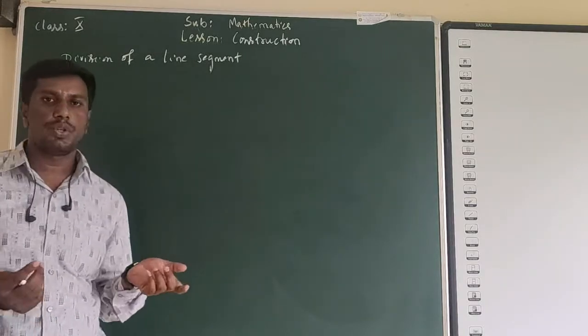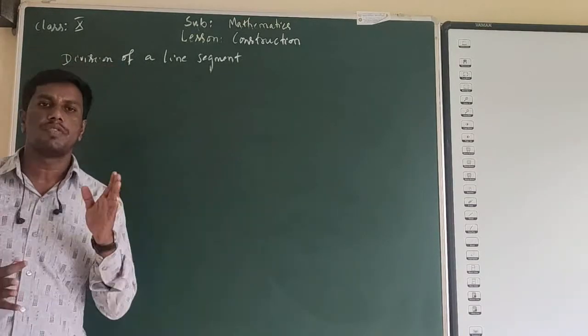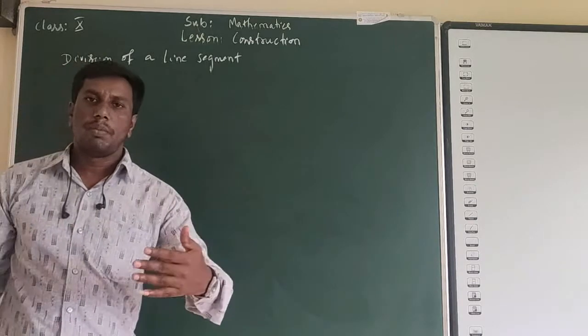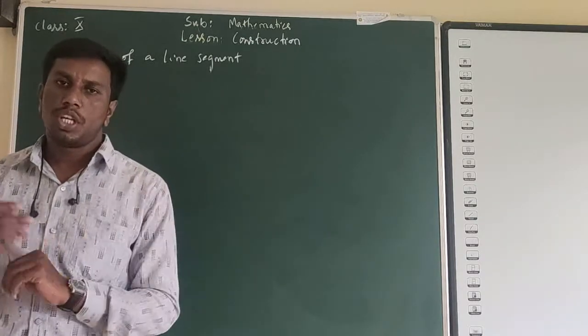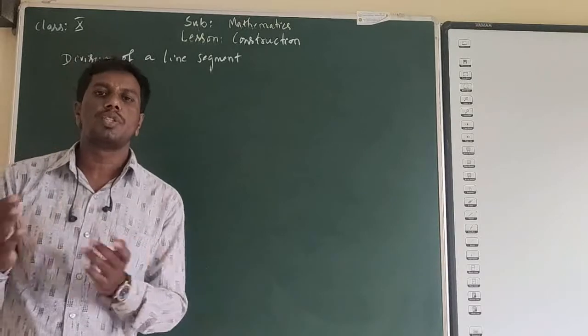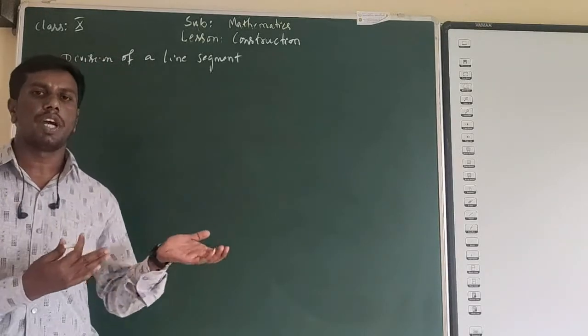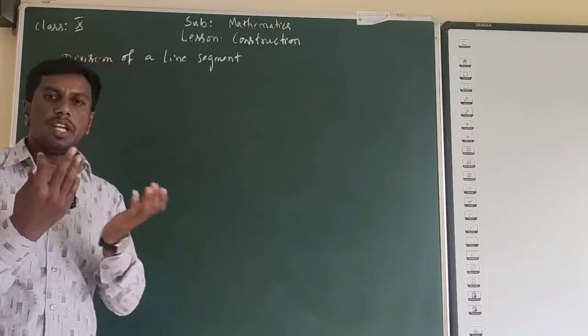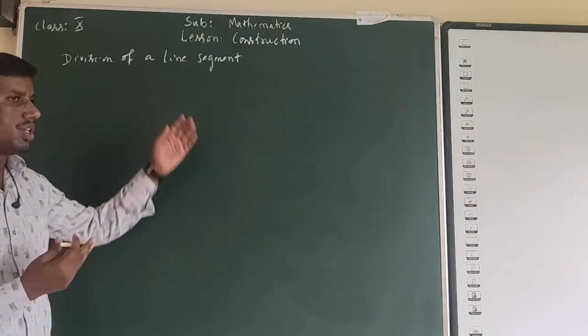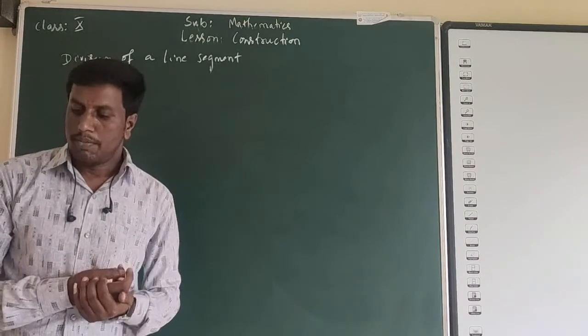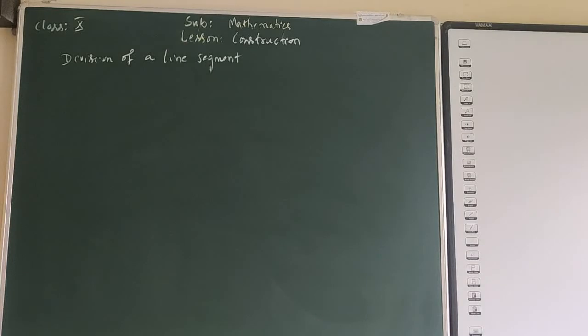In that line segment, we should divide the line segment in terms of some ratio. Divide the line segment in 2:3 ratio. Divide the line segment in 3:4 ratio. Divide the line segment in 5:7 ratio. They will give the ratio. According to that ratio, we should divide the line segment. So we'll learn how to divide a line segment when the ratio is given.